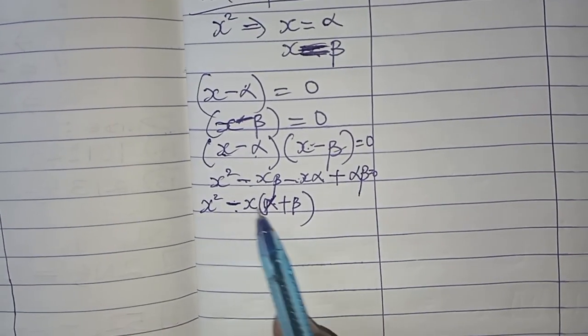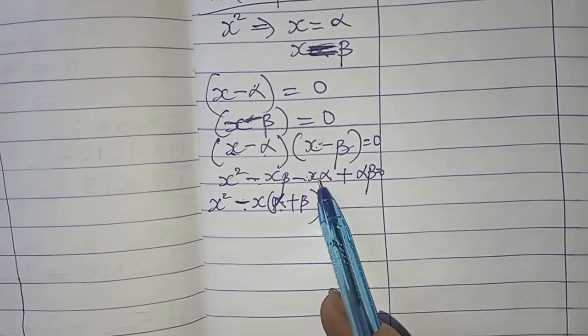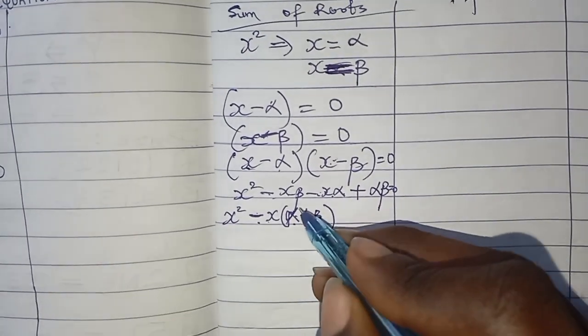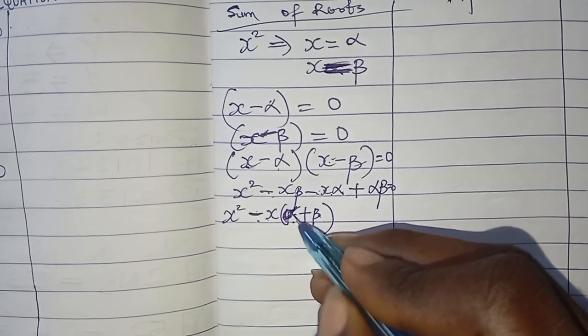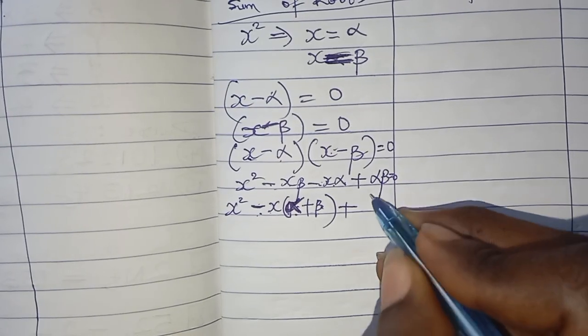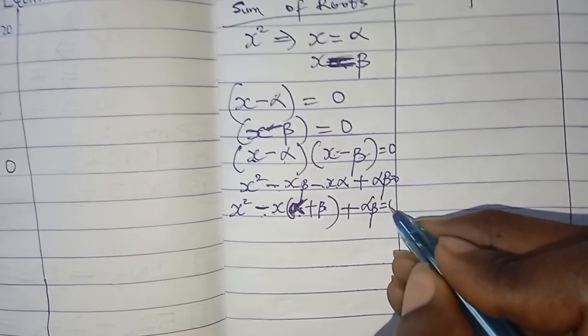So when x enter here, you will get this. When x enter here, you get this. I arranged it this way because alpha normally comes before beta. But you know that whichever way you do it. So if you use this to multiply, then plus, bring this down, alpha beta, all equals to 0.